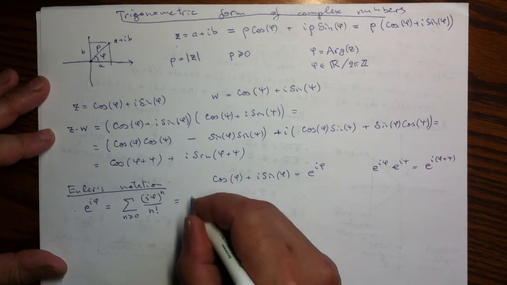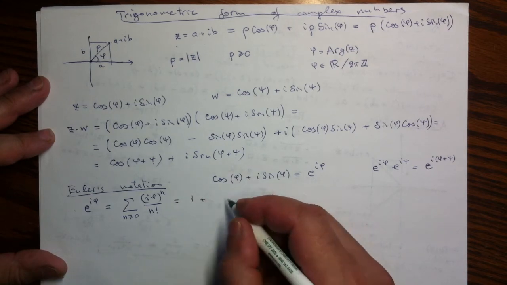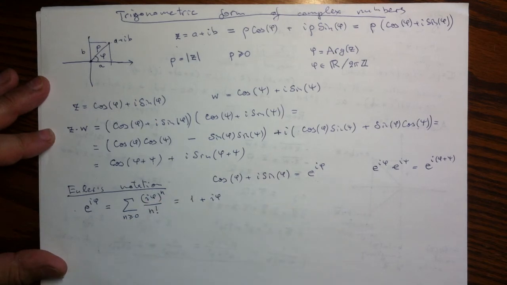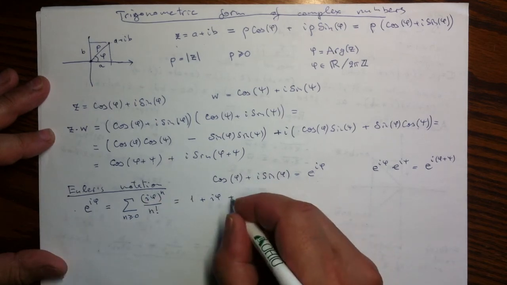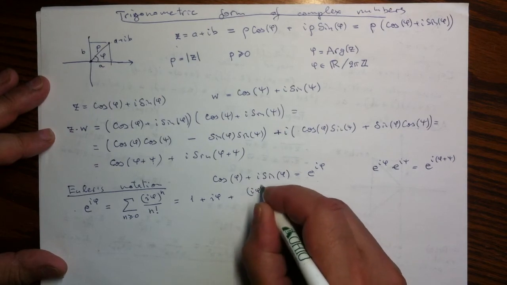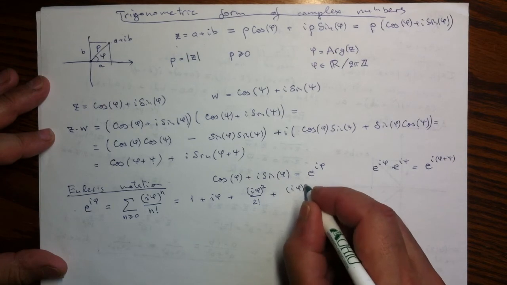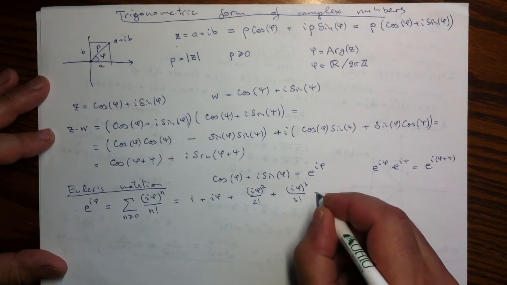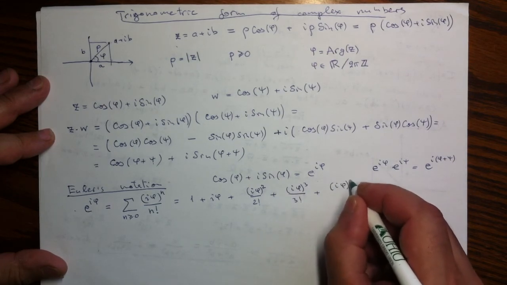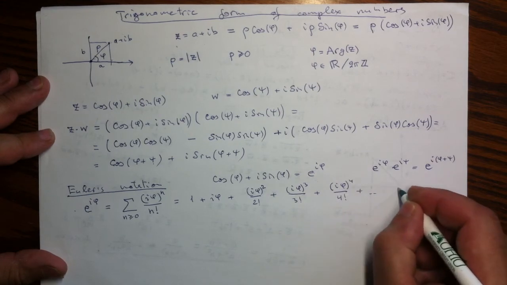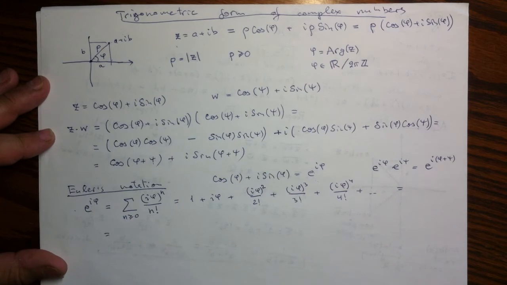So spelled out it will be the 0 power, which is just 1, then the argument, which is i phi, then the argument squared over 2 factorial, then the argument cubed over 3 factorial, the 4th power over 4 factorial, and so on.